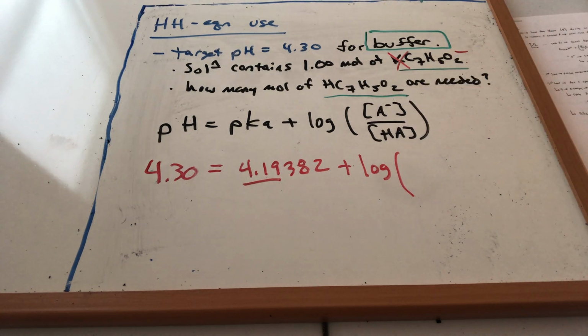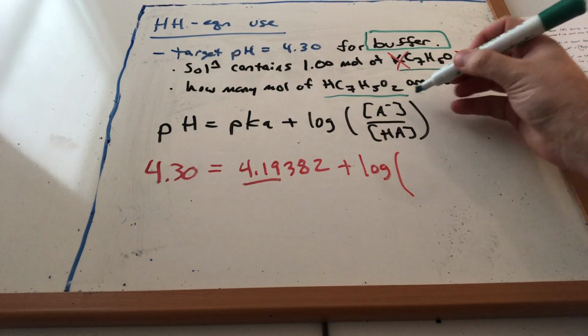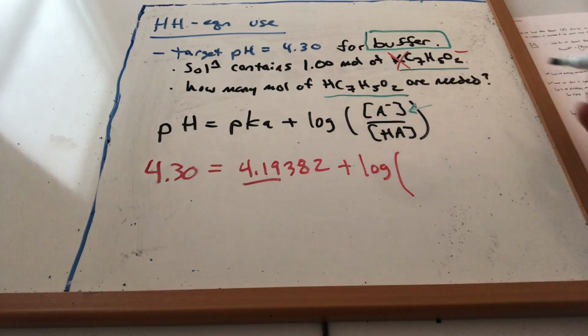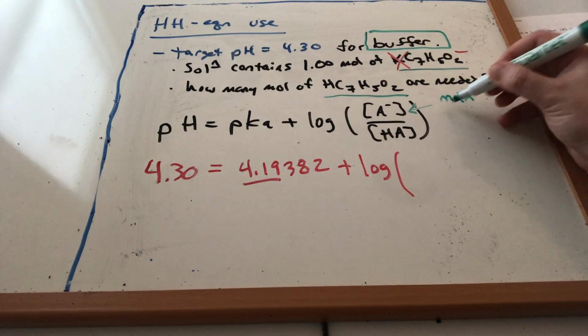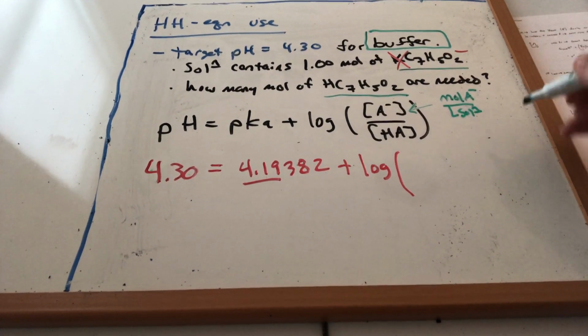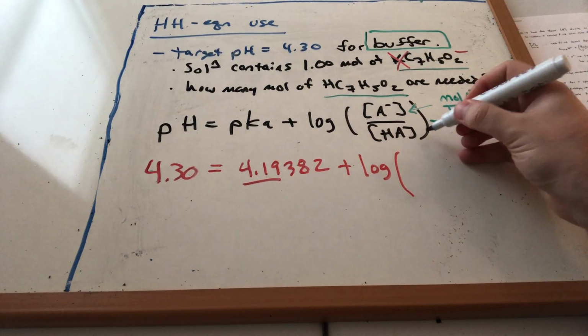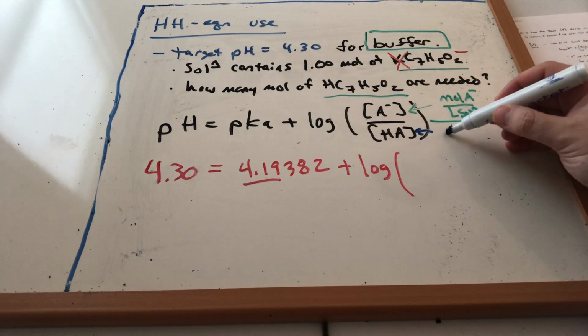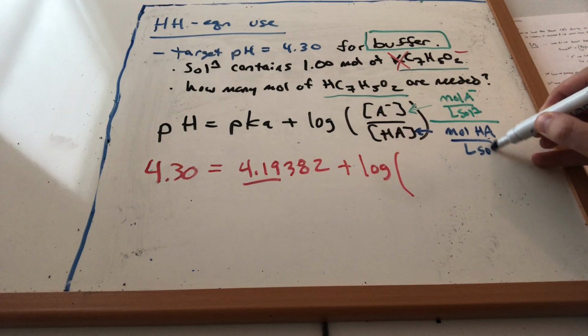Now here, this is not moles. This is molarity. But you'll see problems from your book and in Chem 101 that give you moles instead. You need to know how to work both. But how do moles work inside here? Well, if you think about this in terms of its units, this would be moles of A minus per liter of solution. Down here, HA would be moles of HA per liter of solution.